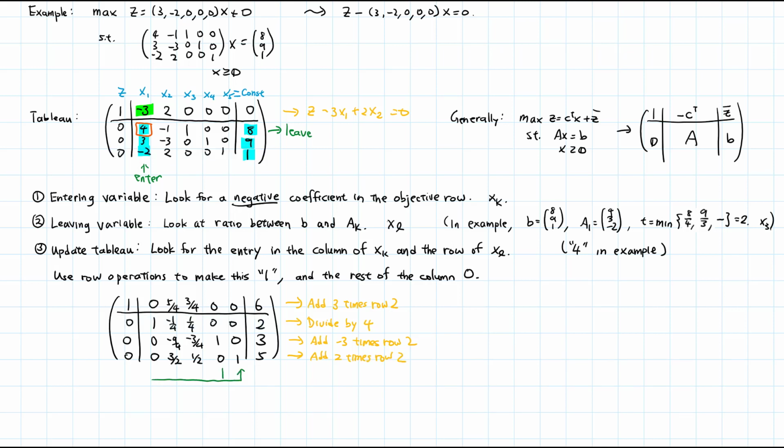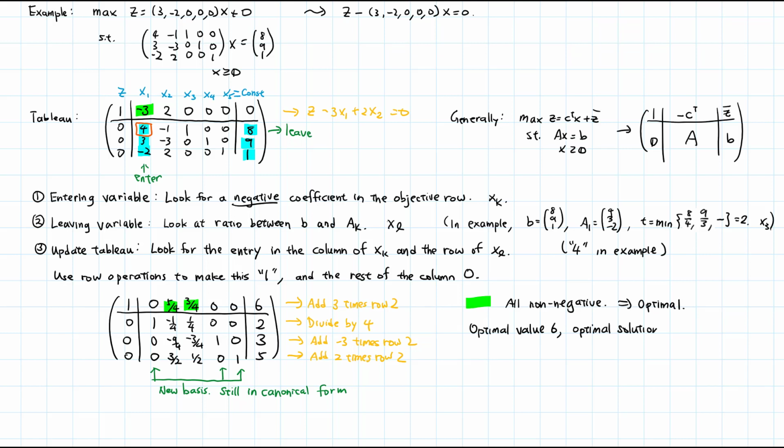Our new basis is 1, 3, and 5, and these columns do form an identity with zeros in the objective row. So it is still in canonical form. This completes one iteration of the simplex method in Tableau form. We could continue on with the next iteration. In this case, we see that all the objective coefficients are non-negative, so we do have an optimal solution. The optimal value is 6, and the optimal solution here is (2, 0, 0, 3, 5).